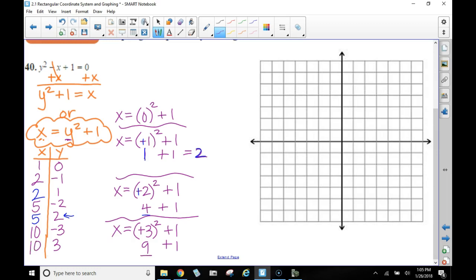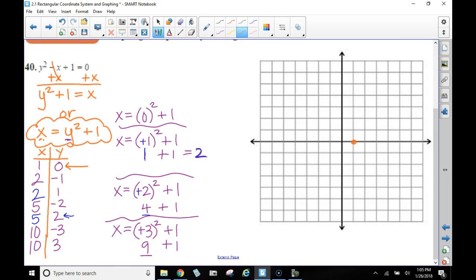Now, come over to your graph paper and plot those points. With the way that this particular graph paper is set up, I don't have quite enough room unless I rescale my axes for the points with x of 10, y of -3 and +3. I'll visit about that here in just a minute. But let's plot the rest of these. Let's first of all plot 1 for x, 0 for y.